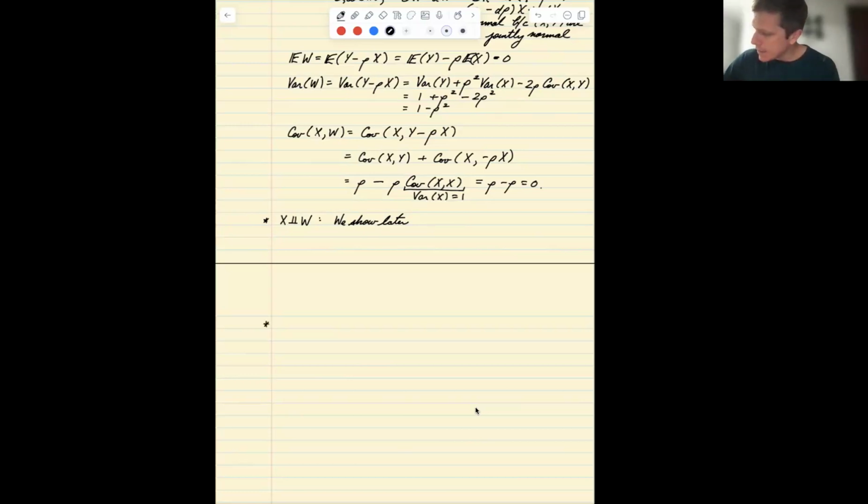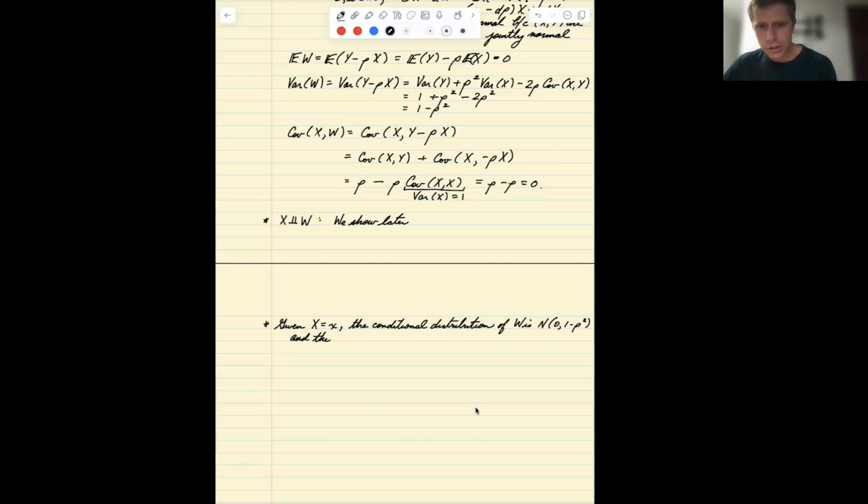And then given the value of X, the conditional distribution of W is normal with mean 0 and variance 1 minus rho squared.